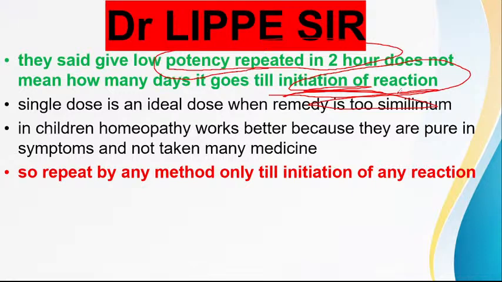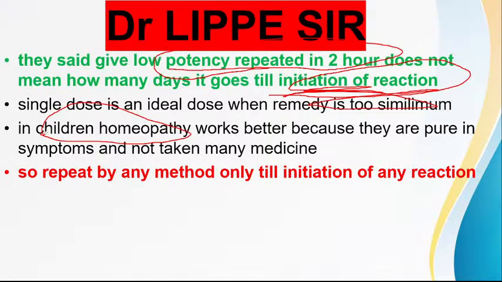If an adult comes to your clinic, he will say, yes doctor, I have taken medicine from Ayurveda also, allopathy also, Unani also. He has usually taken many mixed medicines, or he has obviously taken very mad medicine. He is not pure at that time, but children who come to the clinic are basically pure. So according to Lippe sir, the chances of improvement and cure of children are far better than the adult and old.